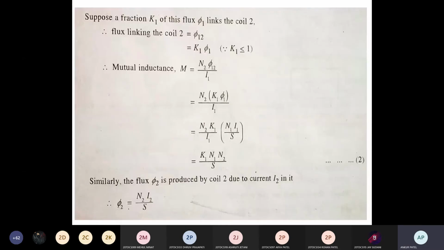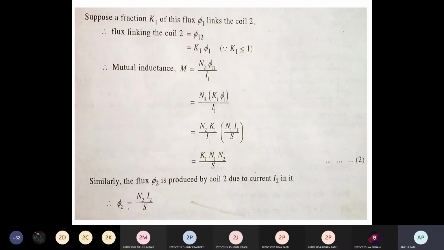Now suppose a fraction K1 of this flux phi1 is linked with coil 2. So the flux linking with coil 2 is phi12, which is equal to K1 into phi1. We are just considering this fraction K1 of one coil linked with the other coil.